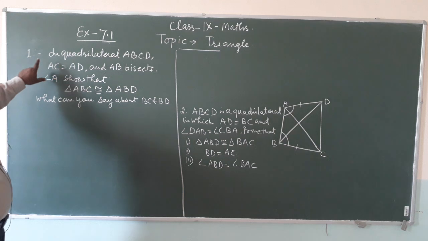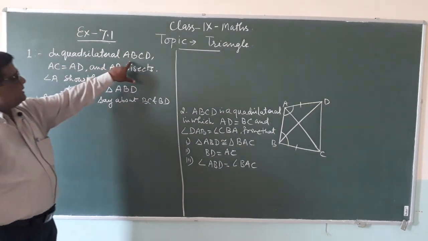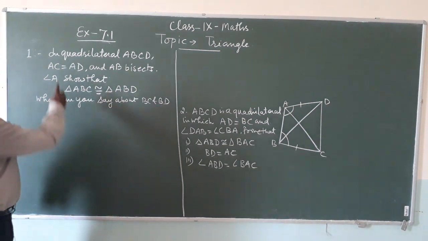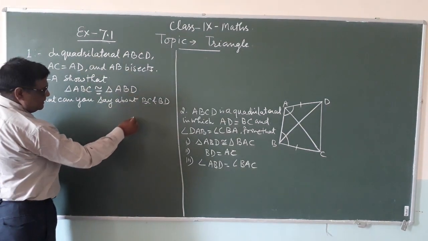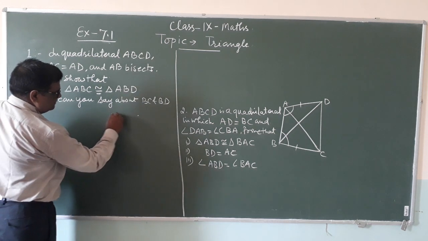So, what is question number 1? In quadrilateral ABCD. First of all, we have to draw a quadrilateral, that is ABCD.